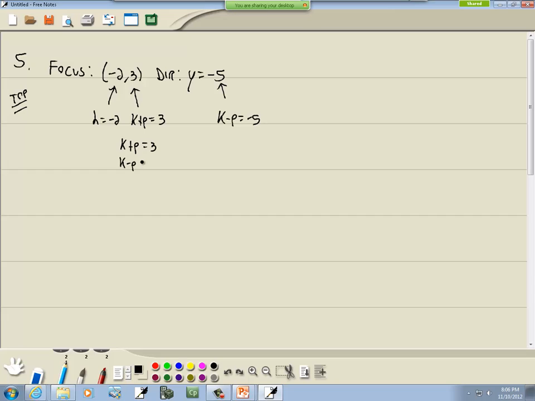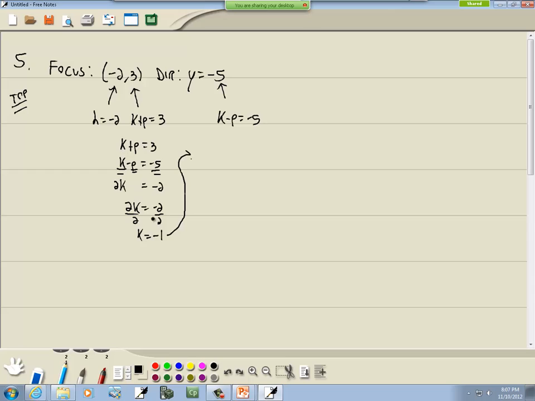We can use the addition method on them, the elimination method, such that if we add them together, k plus k is 2k, p minus p drops away, 3 minus 5 is negative 2. Then we've got 2k is equal to negative 2. We divide both sides by 2. And we get k is equal to negative 1.